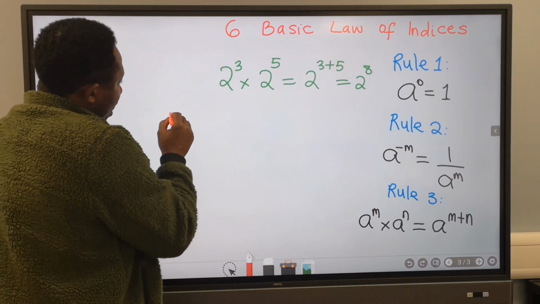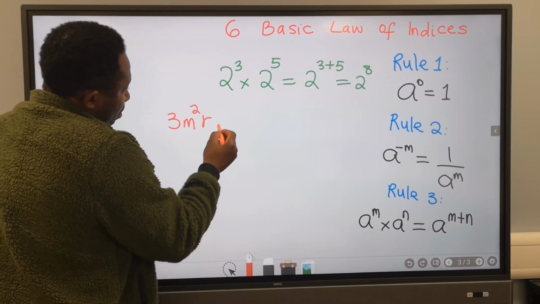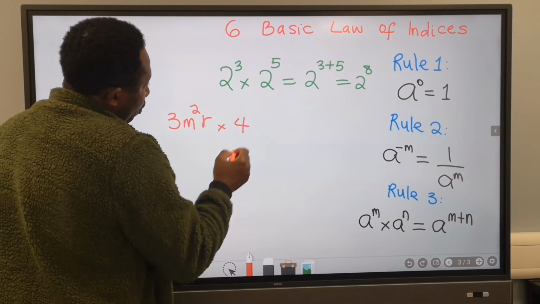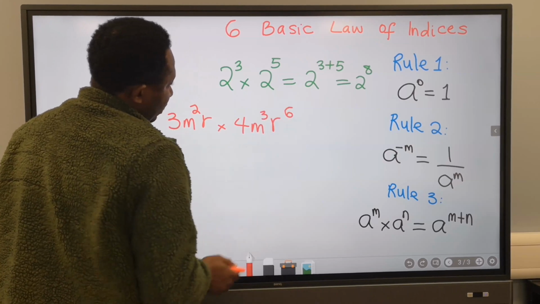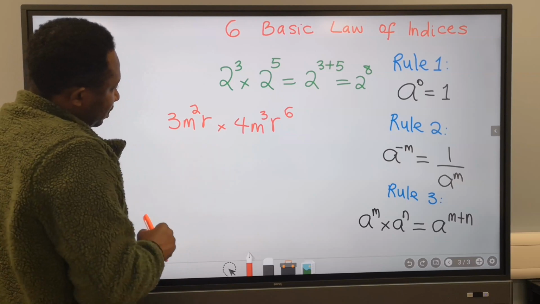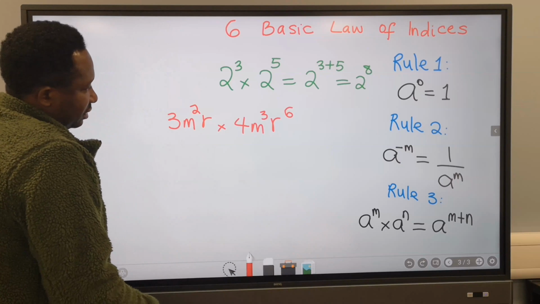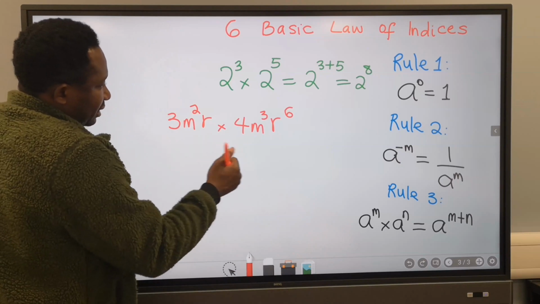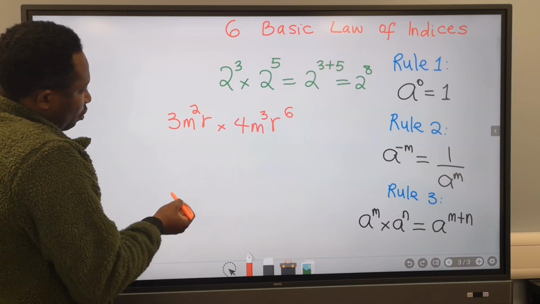Also, if we have 3m squared r multiplying 4m cubed r to the power of 6. If I want to solve this expression, I will apply the law of indices. I will bring the numbers together. 3 will multiply 4.